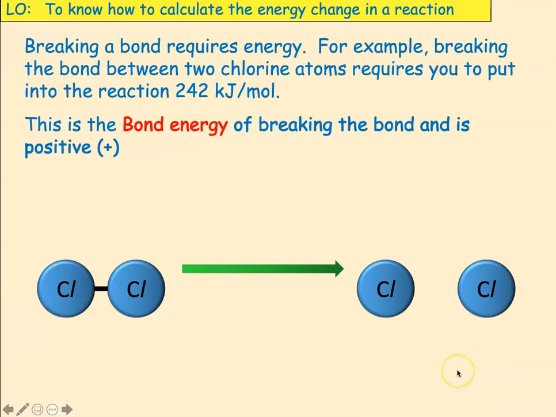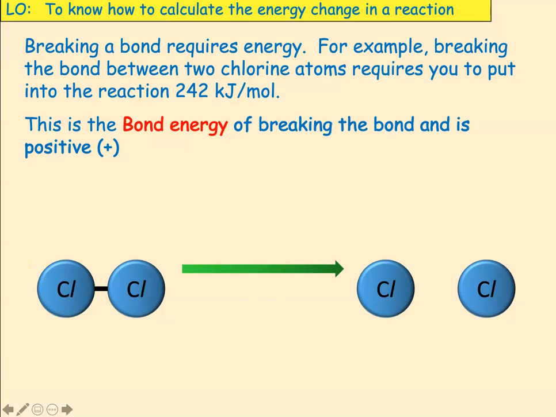Now, breaking a bond requires us to put energy in. For example, breaking the bond between 2 chlorine atoms, that covalent bond, requires you to put in 242 kilojoules for every mole of chlorine. If you remember, the mole was a certain number, 6.02 times 10 to the 23 molecules of chlorine.